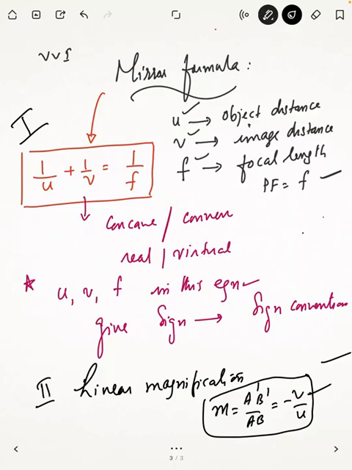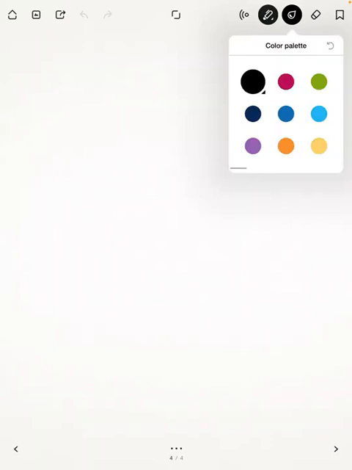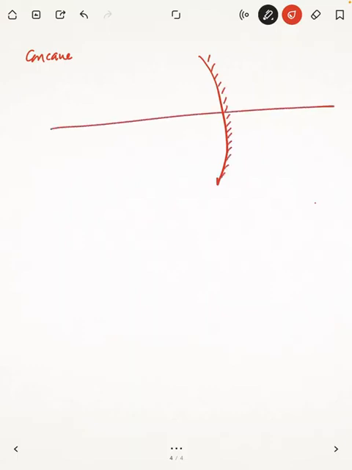U, we have to give the sign. V, we have to give the sign. F, we have to give the sign. So what are the sign conventions for u, v and f? We will see. Concave mirror I am checking. If we are using concave mirror, first one, concave mirror. This is your concave mirror. Concave mirror can form real as well as virtual image.